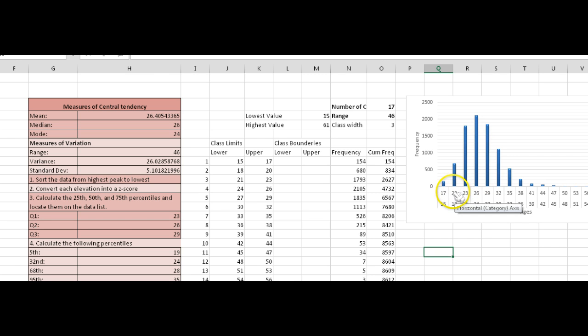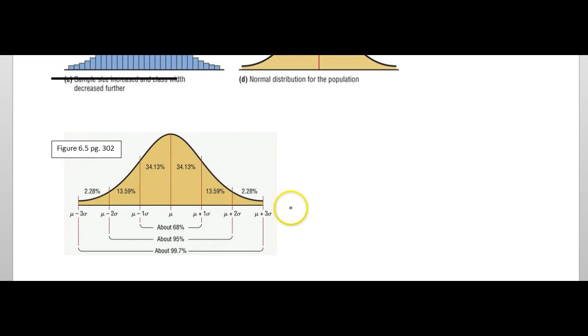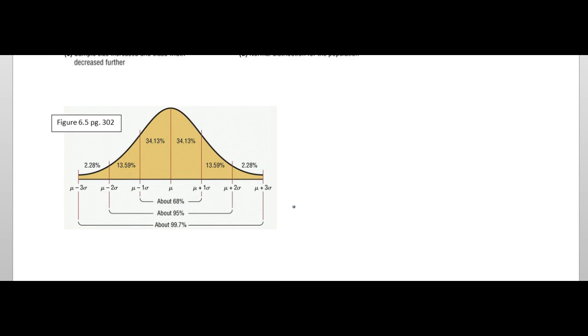Okay, so what's going on with the percentages is, as a general rule, and this is where we're probably going to be talking more in future classes, if you think of the area underneath this curve, all this brownish gold color under here, 100% of the area is under the curve. Okay.